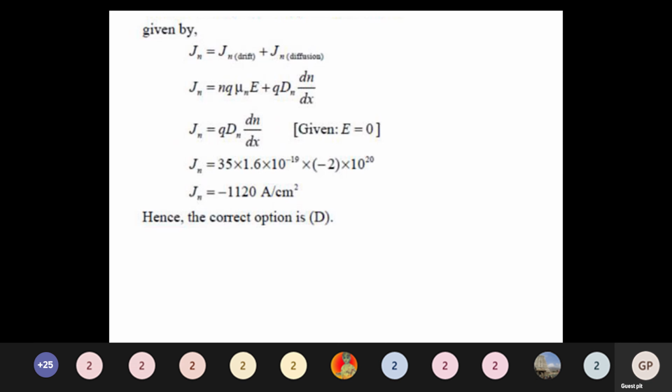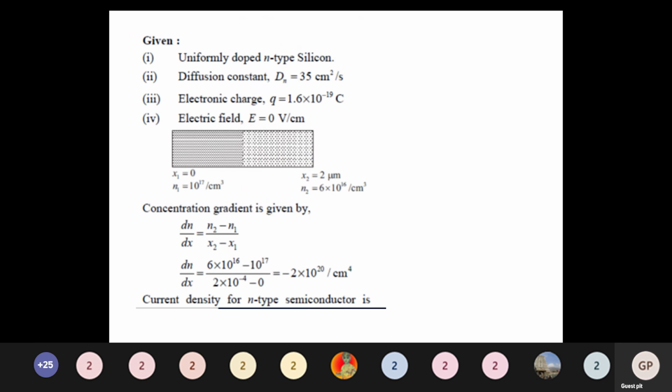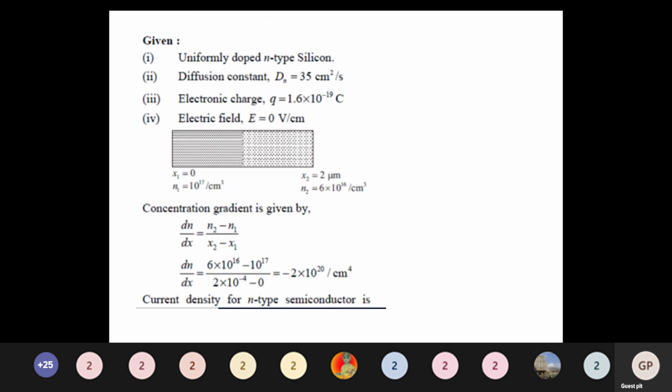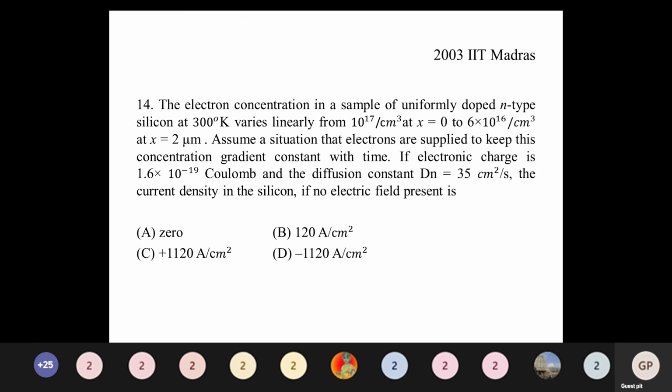The value we found from the previous equation, minus 2 into 10 to the power 20, we substitute. So the answer is 1120, and the option is D: minus 1120 ampere per centimeter square.